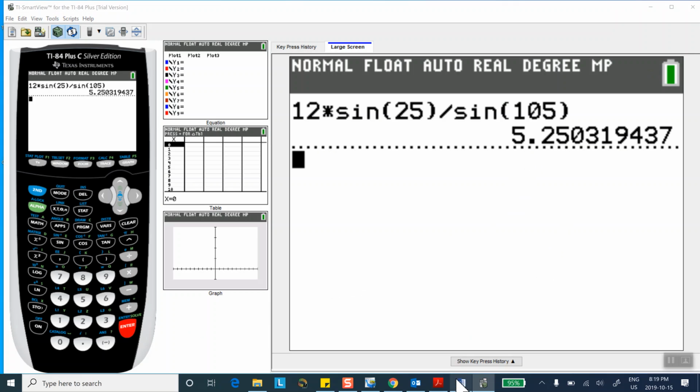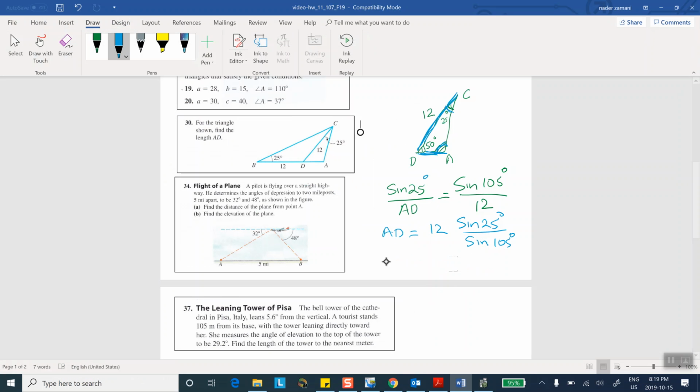So if you go back to this, this is approximately 5.25 units. For example, if 12 is in inches, this is going to be 5.25 inches. Otherwise, whatever the unit is.